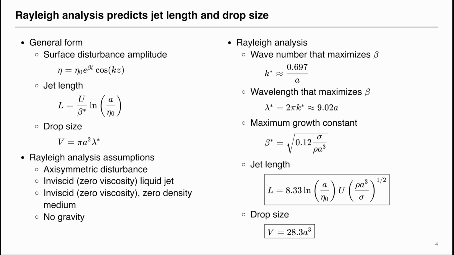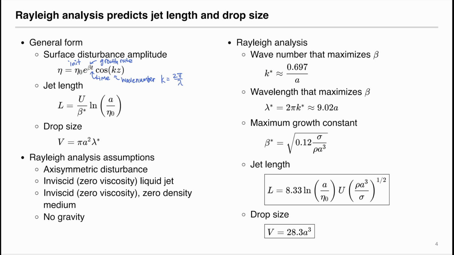In general, we can define a surface disturbance amplitude eta that is equal to eta naught, which is the initial disturbance, multiplied by e to the beta t, where beta is the growth rate and t is the time, multiplied by cosine of k times z, where k is the wave number and k is equal to 2 pi divided by lambda, which is the wavelength of the jet.